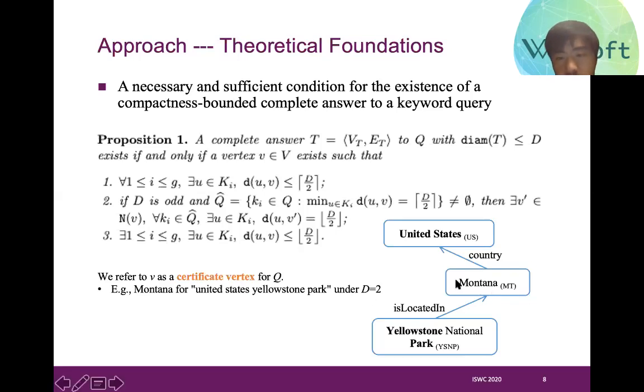So in this case, Montana, this vertex is a certificate vertex for this query because we can show that Montana is very close to all 4 keywords.